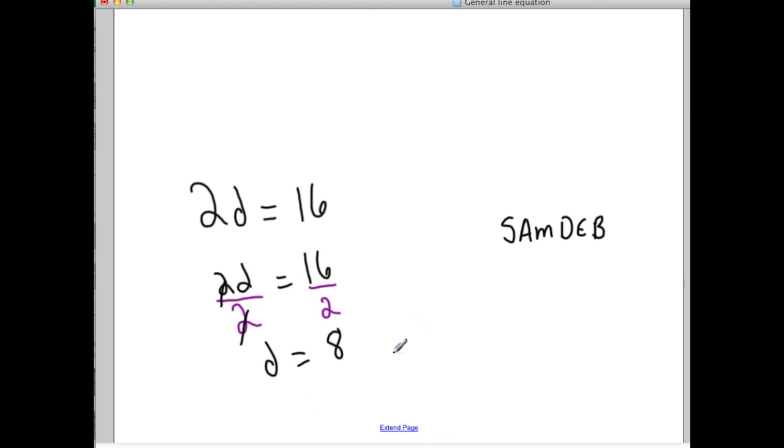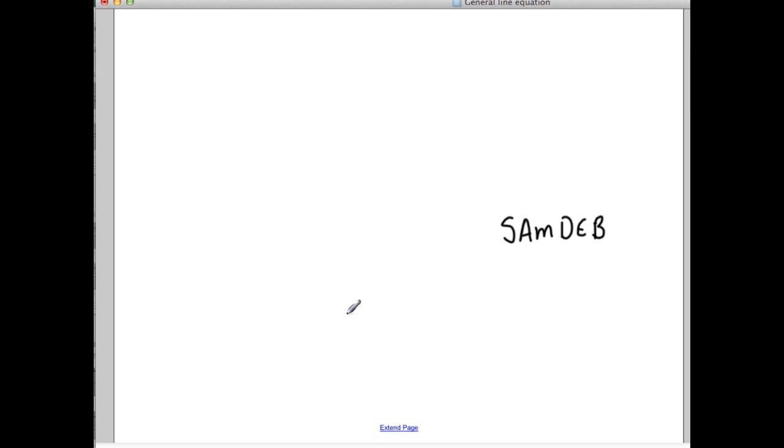Now if things get a little more complicated and we have an equation such as 2r plus 3 equals 17, what I need to do here is I need to use this SAMDEB, sorry. And what that tells me is I need to do my adding subtracting first.